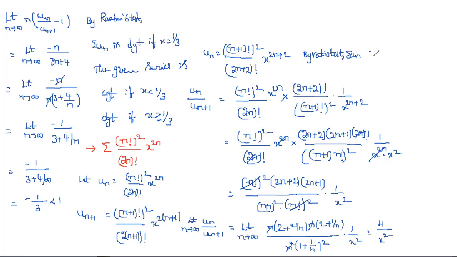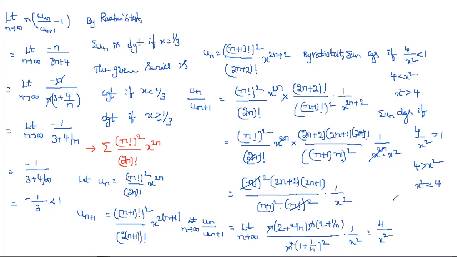Summation un converges if 4 by x square is less than 1. That is nothing but 4 less than x square, and simply we can write x square is greater than 4. And in the same way, summation un diverges if 4 by x square is greater than 1. That is nothing but 4 greater than x square, so x square less than 4.